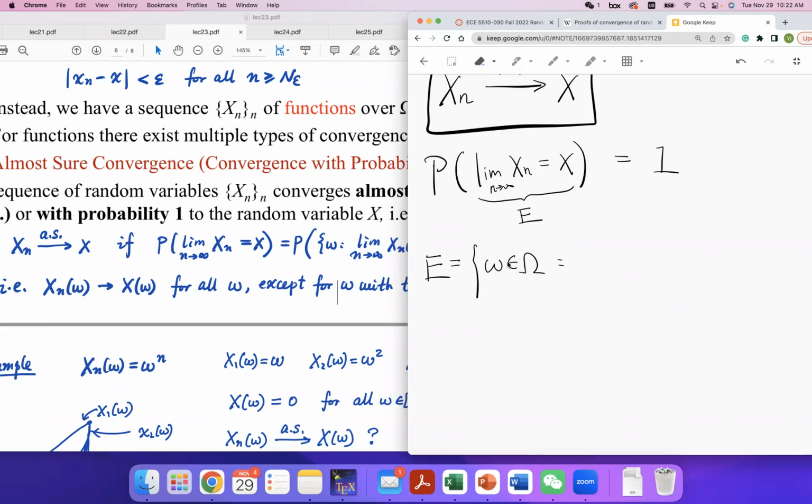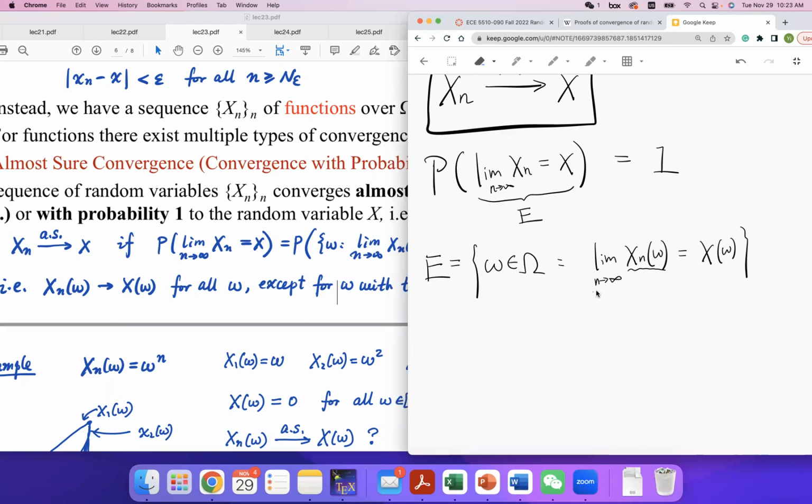We collect the set of all outcomes omega such that the realizations of this sequence of random variables on this outcome converge to the realizations of the random variable x on this outcome. Now, okay, what does this mean?